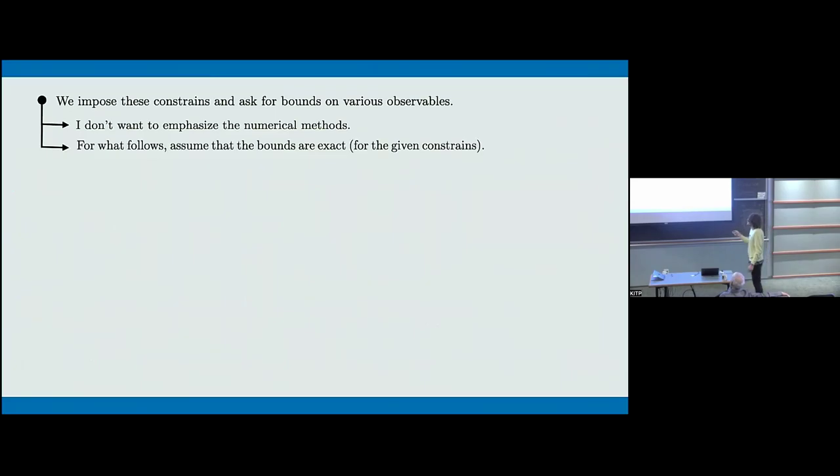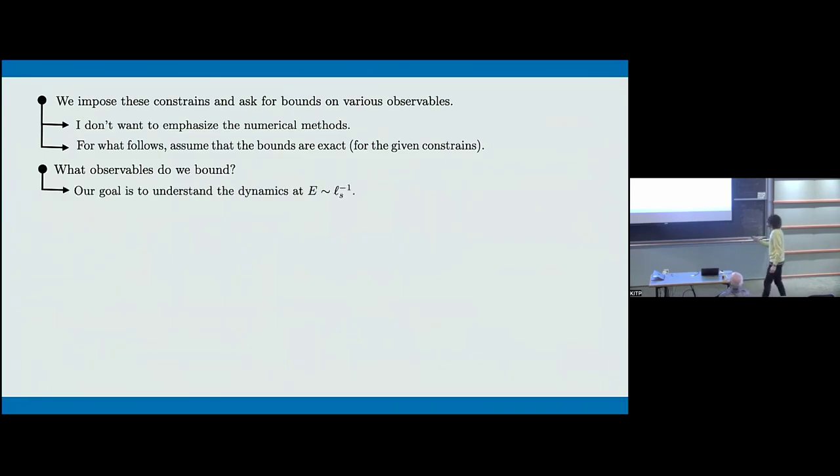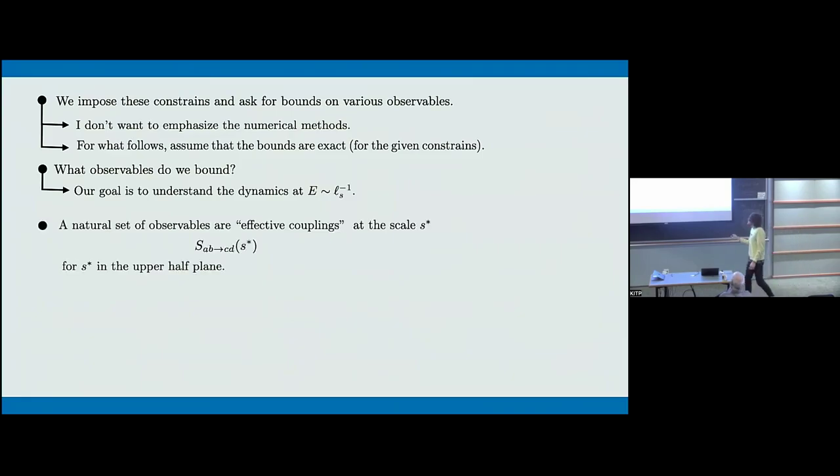So then I should discuss what observables we can bound. And let's recall that our goal is to understand the dynamics at energy scales of order 1 over string length. And so a natural set of observables to consider are some kind of effective couplings, where we measure this S matrix with flavor index labeling the various jets at some energy scale S star, where S star is taken in the upper half plane, where the S matrix is analytic.